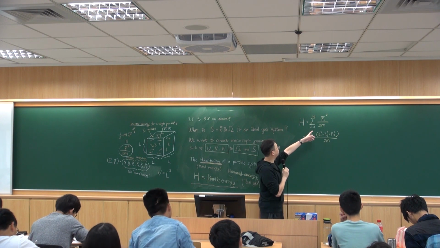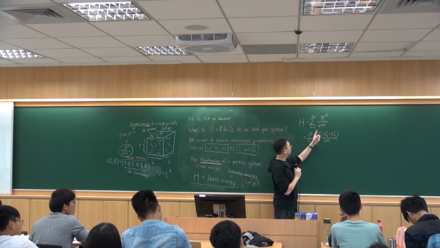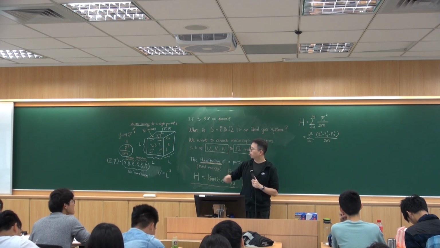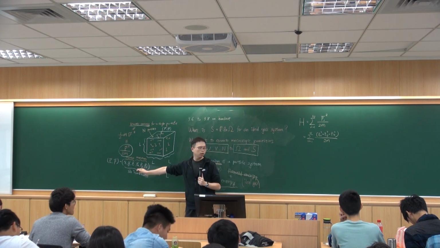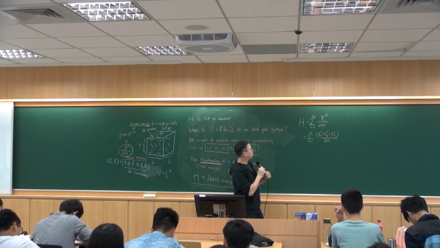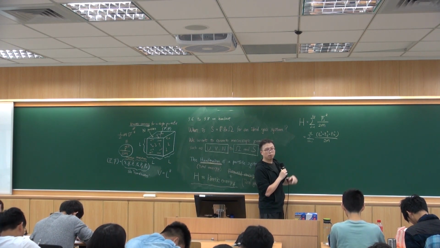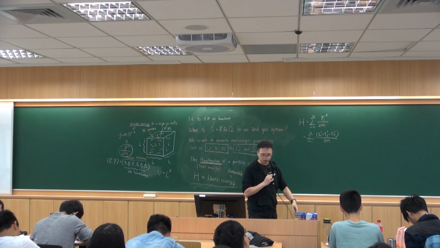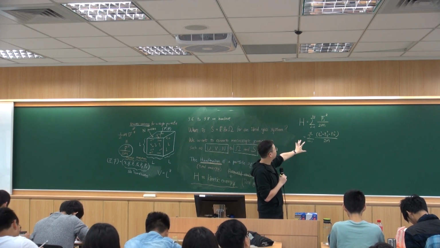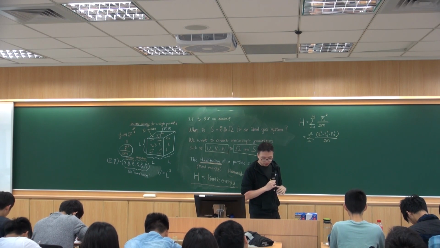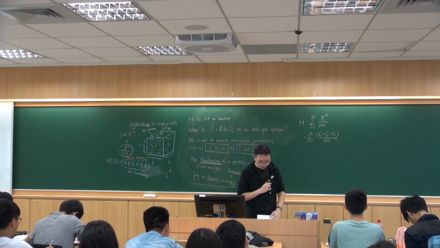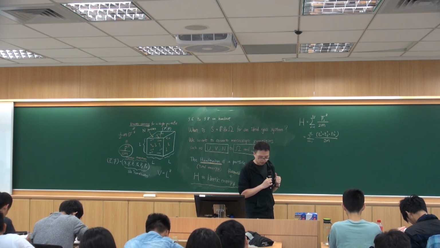Because this is a vector, and like I mentioned earlier, it has x and y and z. And now we also put in an index for different particles. Okay, so that's how we describe the total Hamiltonian of the system. There's no interaction among particles, therefore we can define things like that.